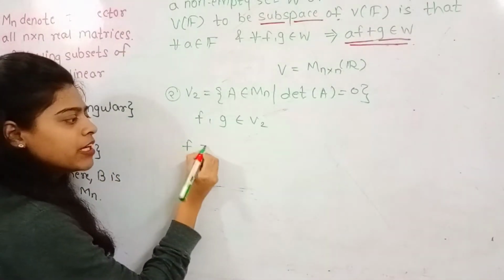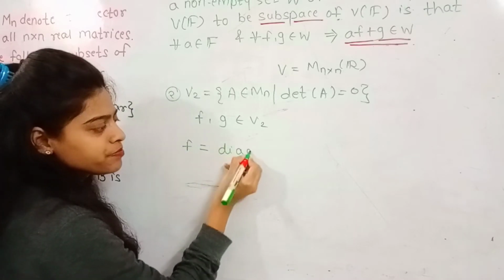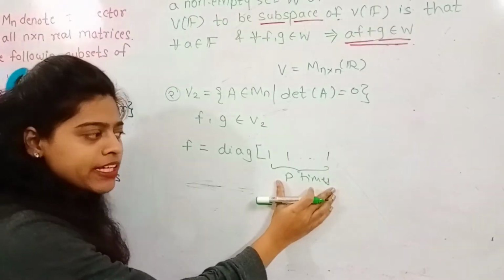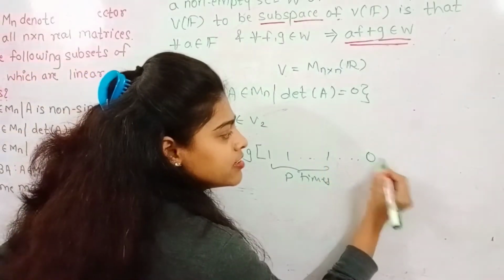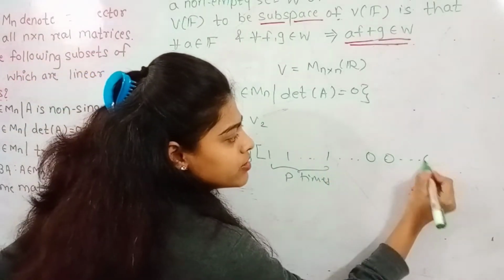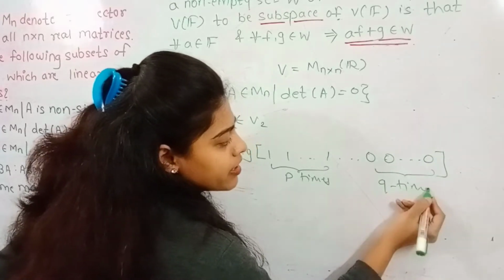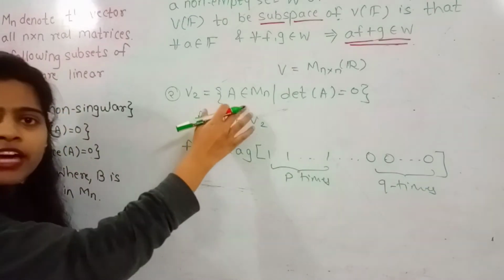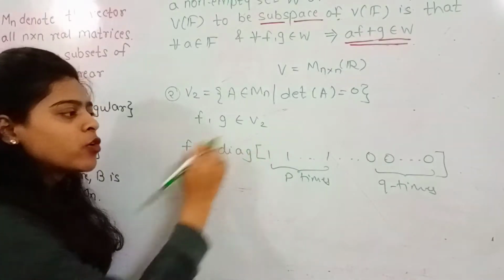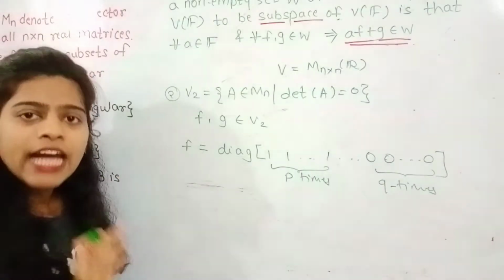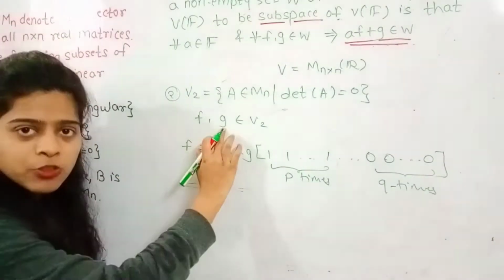Therefore, f is equal to diagonal of 1, 1, and so on, 1 occurring p times, and then 0, 0, 0 and so on, occurring q times. This matrix is of order n cross n. Its non-diagonal entries are strictly 0 because we have considered f as a triangular matrix. Similarly, g is also a triangular matrix.